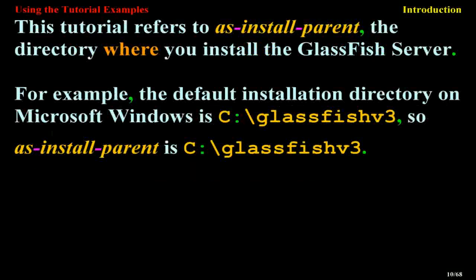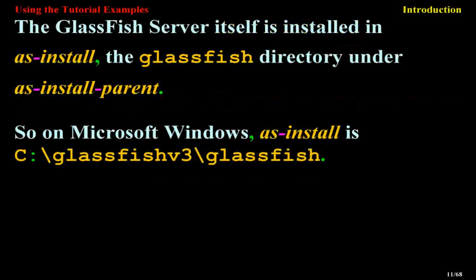This tutorial refers to as-install-parent the directory where you install the GlassFish server. For example, the default installation directory on Microsoft Windows is C:\glassfish3, so as-install-parent is C:\glassfish3. The GlassFish server itself is installed in as-install, the glassfish directory under as-install-parent.